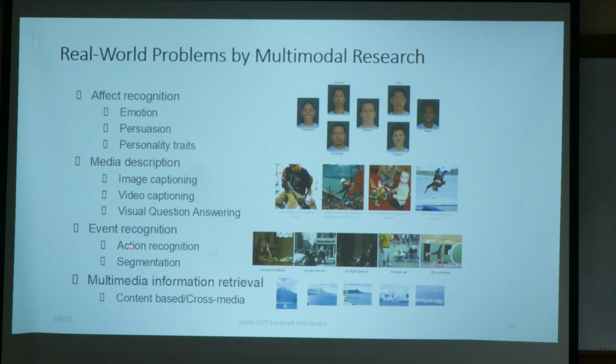Another example or problem is event recognition. Okay? What is happening in each case? Somebody is doing yoga, or somebody is cooking. Things are happening. Now that's possible by recognizing the action and segmentation.